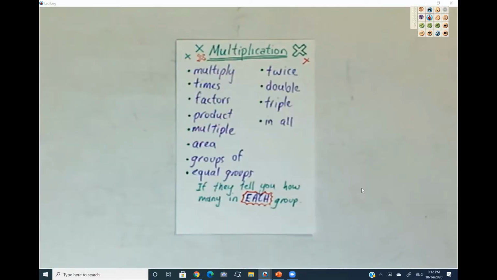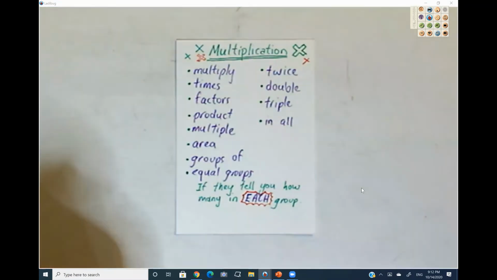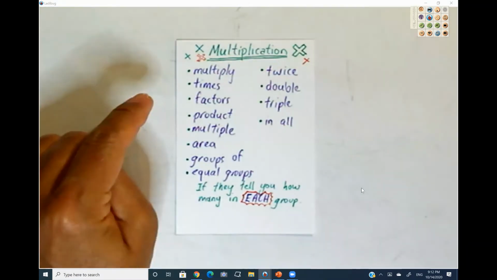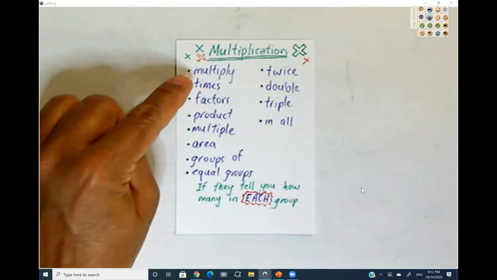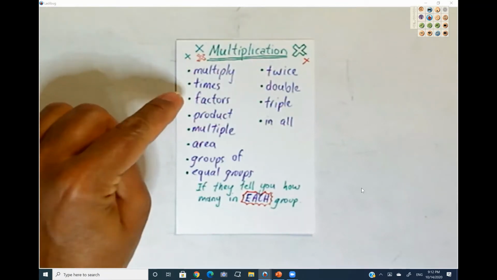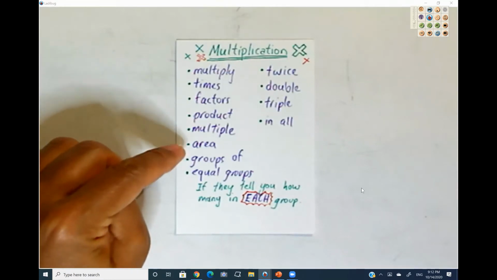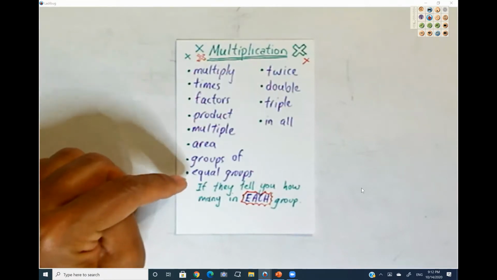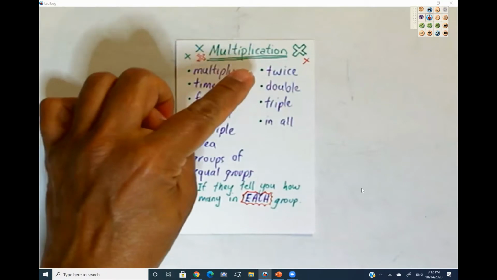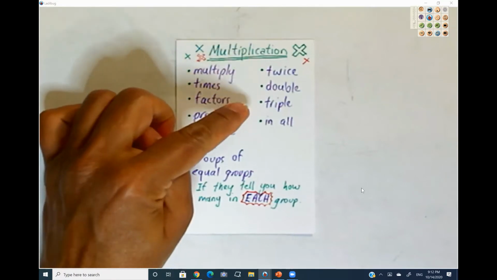Because today we're going to be solving some multiplication problems, we need to know some of the important vocabulary that is going to signal to us that we're doing multiplication. Some of the words that tell us we have to multiply are obviously the word multiply, times, factors, product, multiple, area, groups of, equal groups, twice, double, triple, and in all.